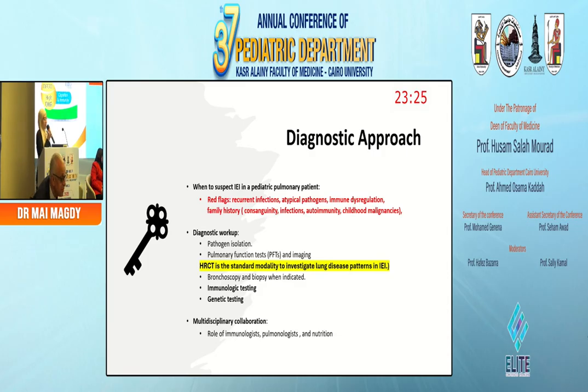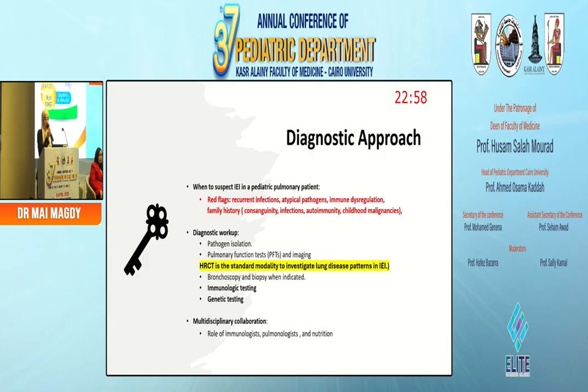Regarding the diagnostic approach, when a patient with pulmonary manifestations is suspected to have inborn error of immunity, there are some red flags that raise this suspicion: recurrent infections, atypical pathogens, immune dysregulation, family history, either consanguinity, infection, sibling deaths, malignancies, autoimmunity.